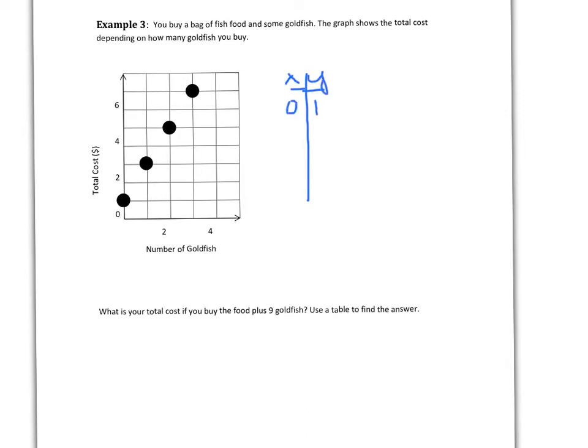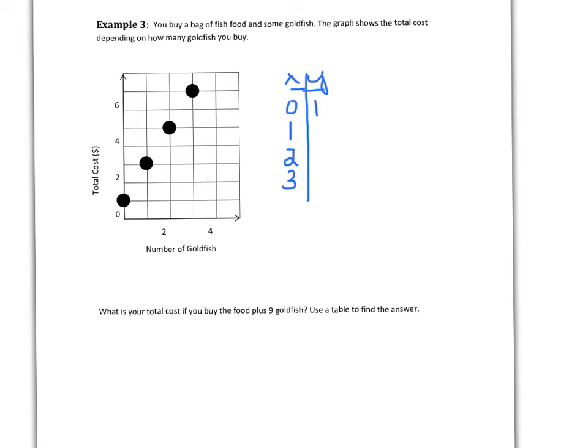And I'm talking about using a table when it asks for the total cost in that next question. If I use this table and come up with the xy, notice that I can use the counting numbers 0, 1, 2, and 3 as my x coordinates.